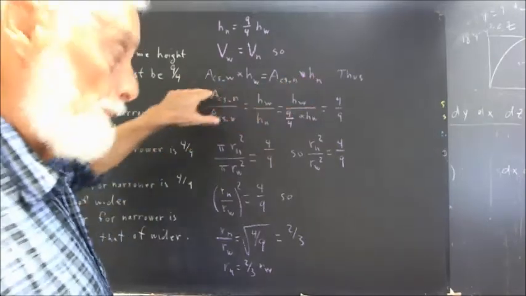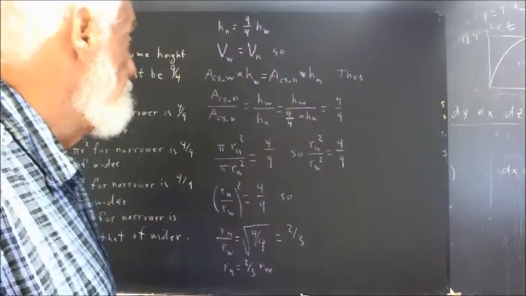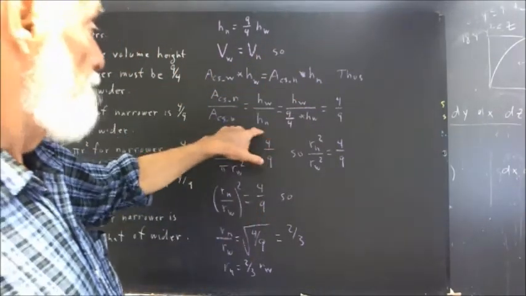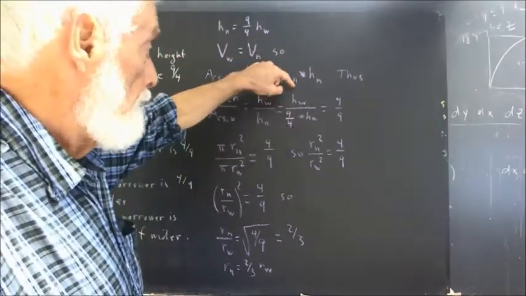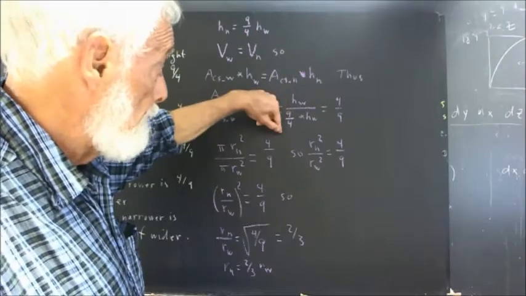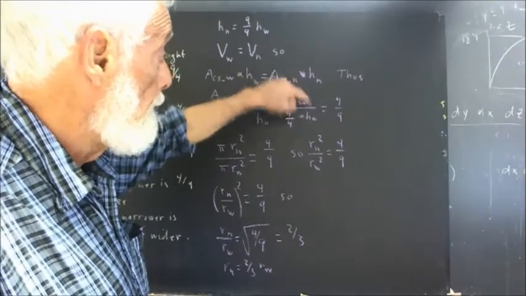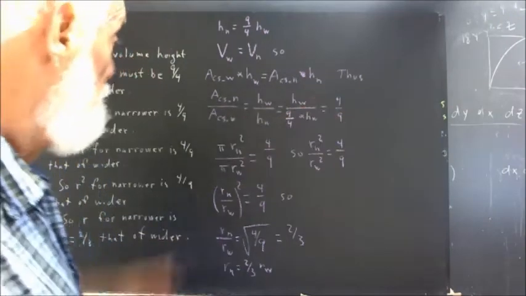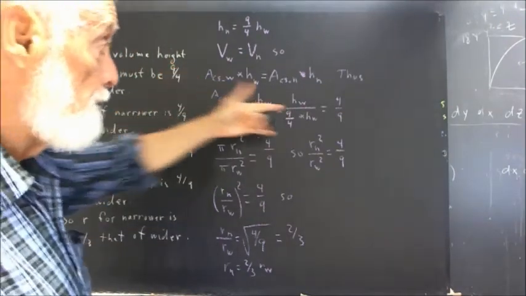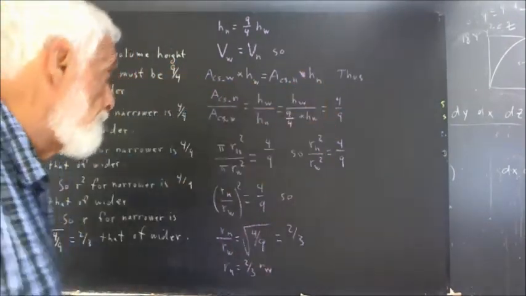Just algebraically rearrange this equation, and since the height of the narrow is 9/4 the height of the wider, we replace that and get this ratio. The height of the wider divides out, and the reciprocal of 9/4 is 4/9. So the ratio of the areas is indeed 4/9.